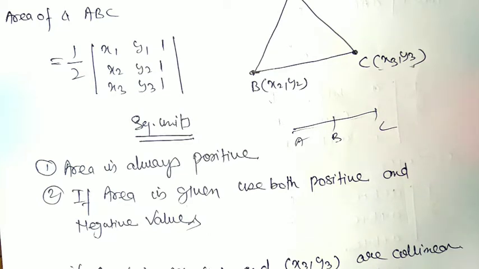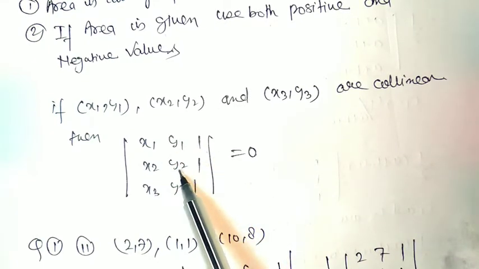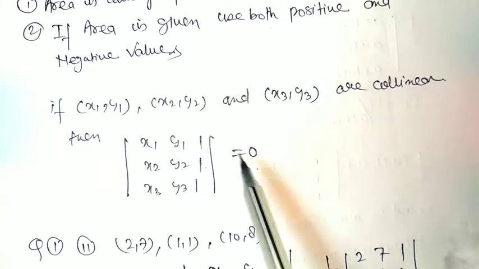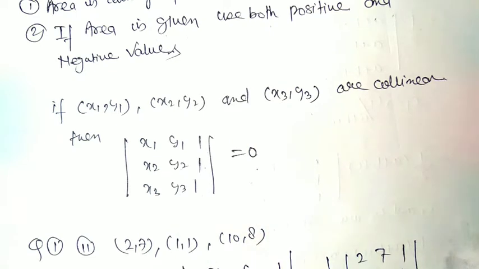So we have to use the formula: determinant of rows x1 y1 1, x2 y2 1, x3 y3 1 equals 0, where (x1, y1), (x2, y2) and (x3, y3) are coordinates of the three points A, B and C.